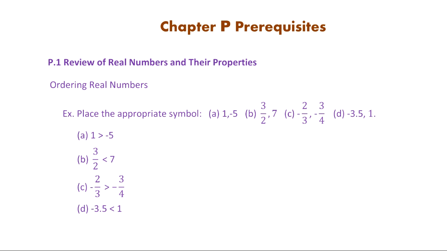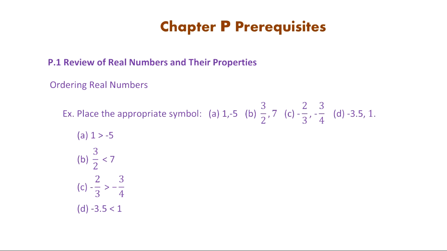In part C, we have two negative numbers, and they are both fractions. That makes it a little more complicated. The first thing is to compare the magnitude. Just forget about the sign. 2/3 and 3/4: which one is larger in magnitude? 3/4.